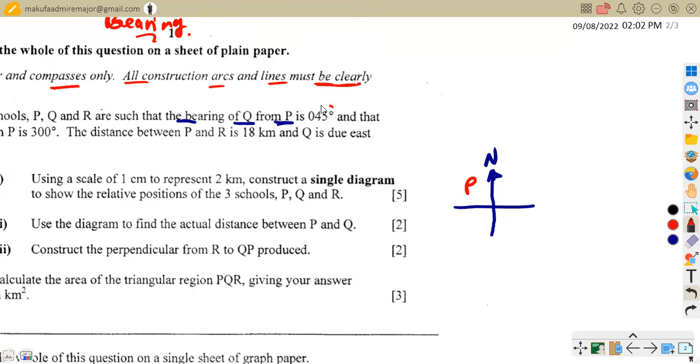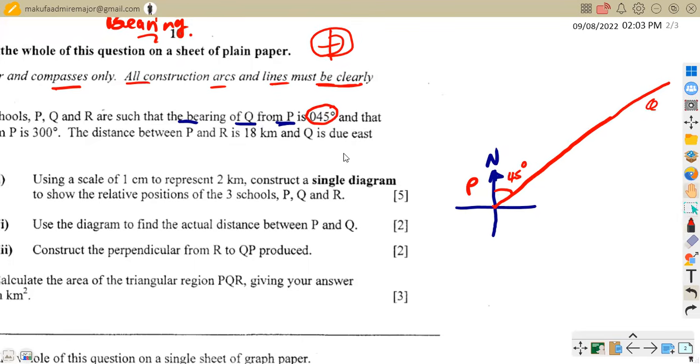And 45 degrees, remember, this is three-figure bearing, where I told you that this bearing is taken from the north in a clockwise direction. So we're going to take north in a clockwise direction. That is 45 degrees is somewhere here in between these two. That is where we are going to have our 45 degrees from. Okay, so that is where our P is, and our Q is somewhere in this line. That is what we know. We just know that Q is along this line. So we are going to have our Q at the end here.